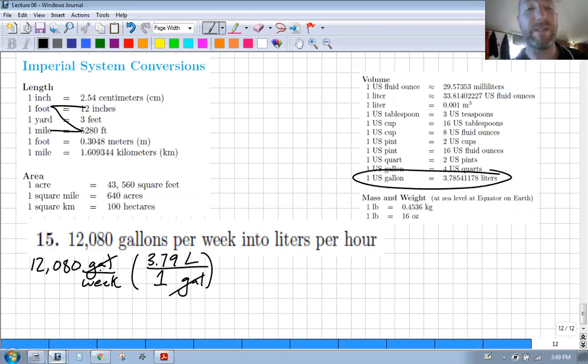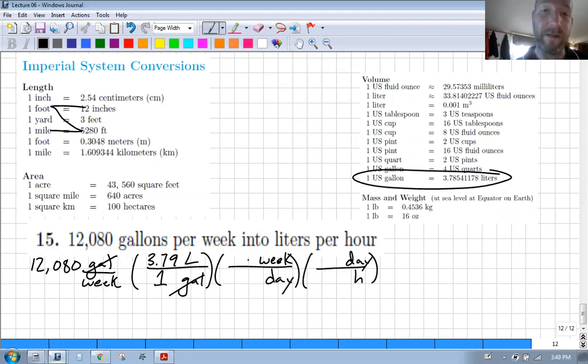All right, now we got the liters. But now we got to turn these weeks into hours. Since the weeks are on the bottom here, we got to put weeks on the top so they'll cancel. I don't know how many hours are in a week. I know how many days are in a week. Then I'll get rid of days in favor of hours. I know 1 week is 7 days, and I know 1 day is 24 hours. So the weeks go away, days go away, and now we have our hours on the bottom and our liters on the top.